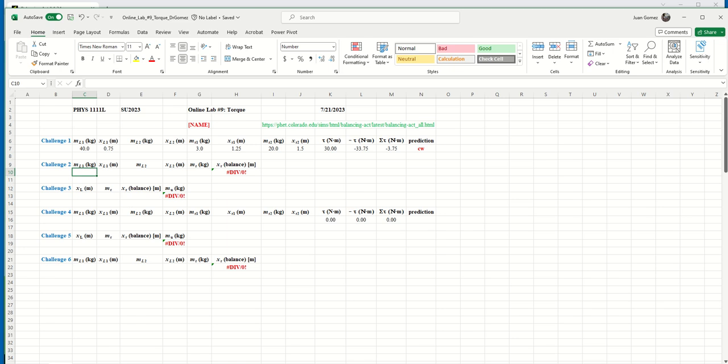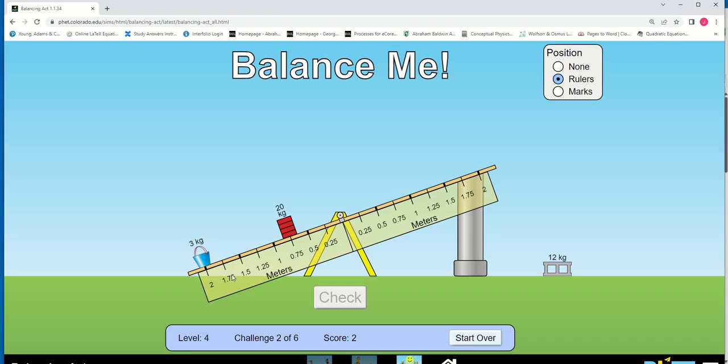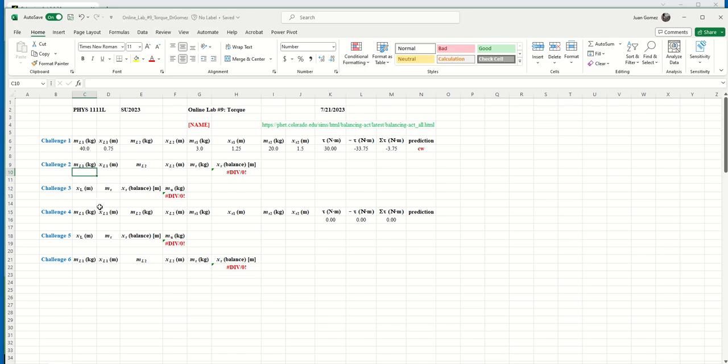Let's enter ML1. It doesn't matter which one you call M1 and M2, just make sure you don't confuse the coordinates. So the 3 kilogram is located at 2. So I'm going to go ahead and enter 3 kilograms, and I know it's located at 2 meters.